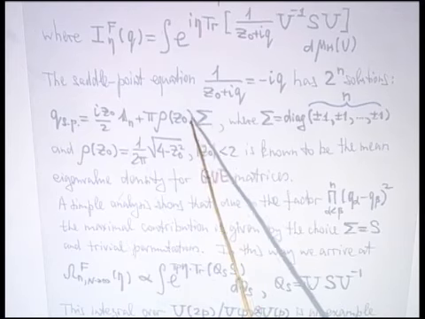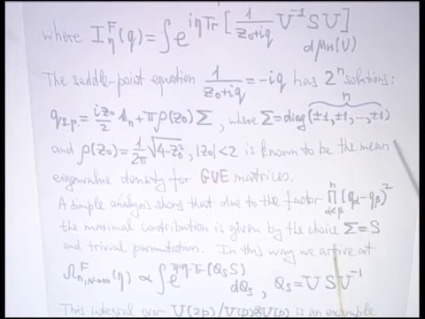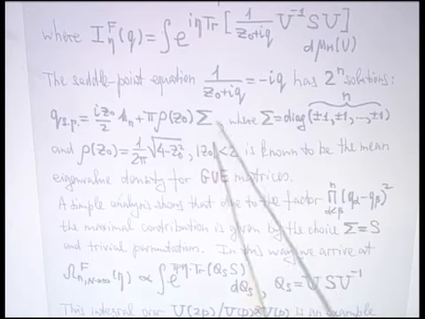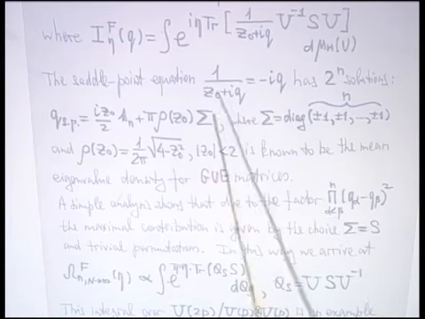And now comes an arbitrary matrix which has plus or minus in each of its diagonal entries. All of them are saddle points.